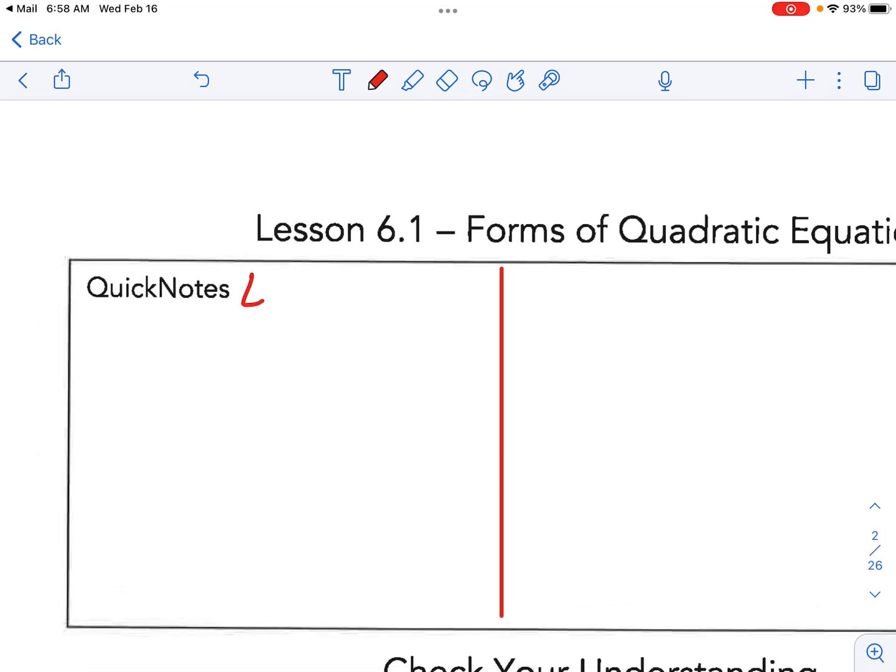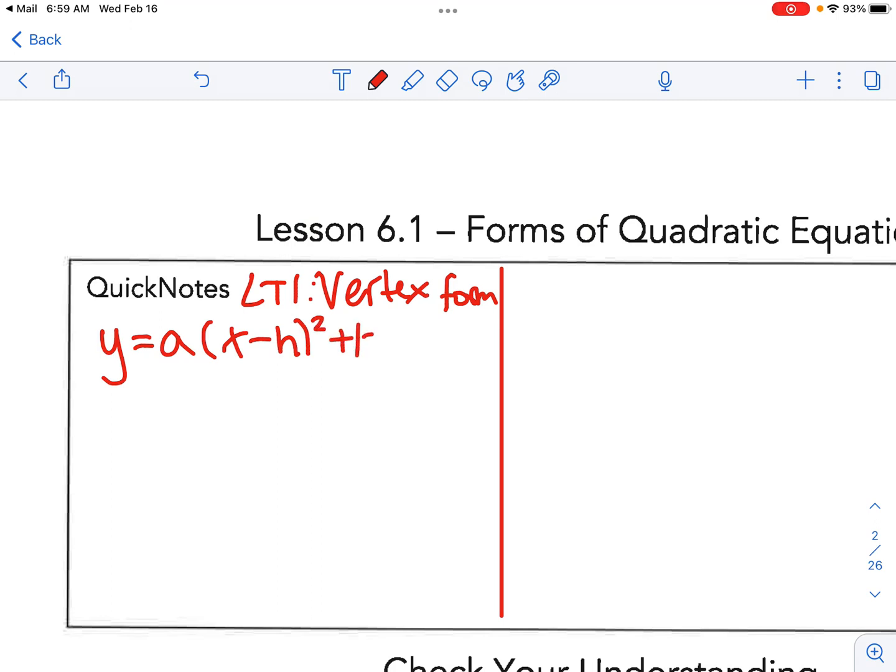So learning target 1 is the vertex form of the equation. It's y equals a(x minus h) quantity squared plus k, right? It's that form where your vertex is (h, k).